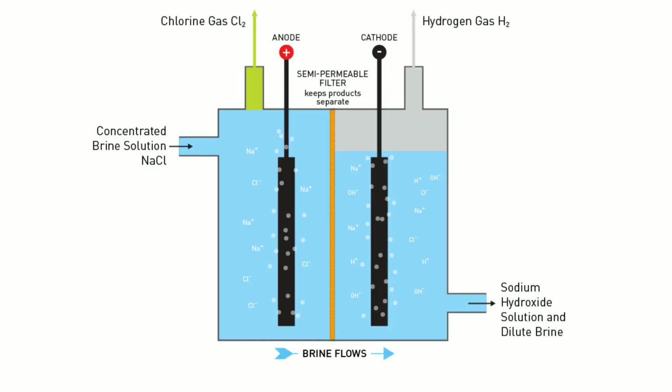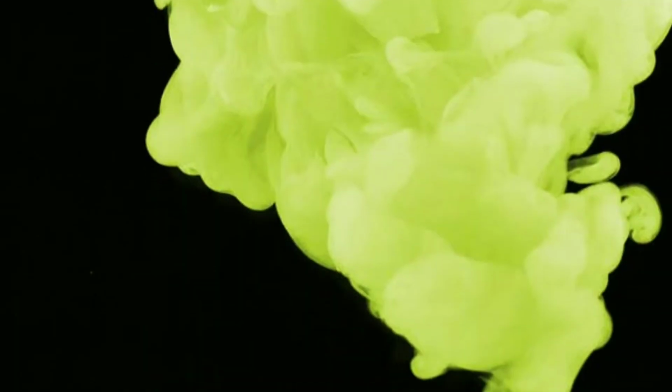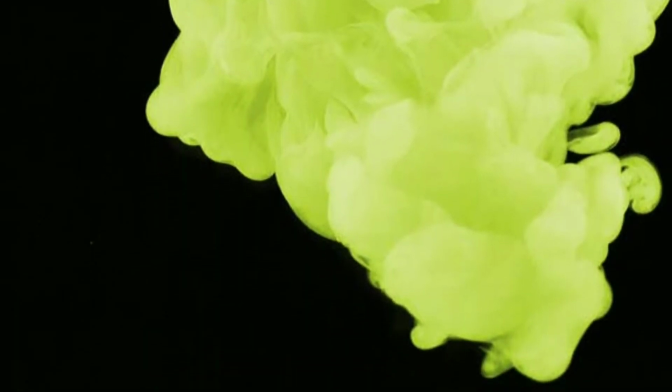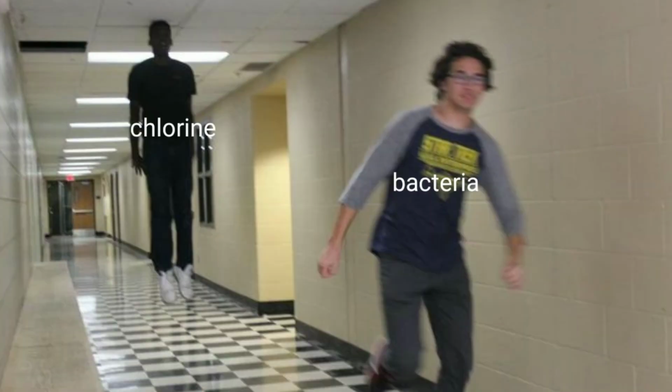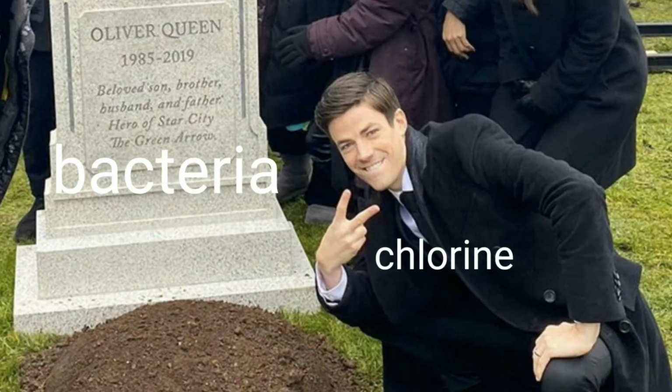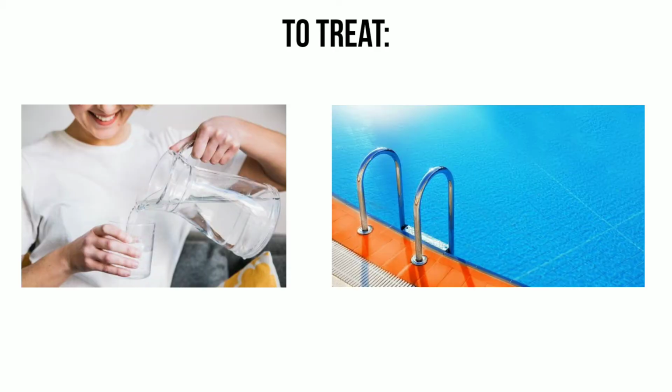Chlorine can be manufactured by electrolysis of sodium chloride in water. Chlorine is a yellowy-green dense gas with a choking smell. Chlorine is used as a disinfectant to kill bacteria, such as to treat drinking water and swimming pool water.